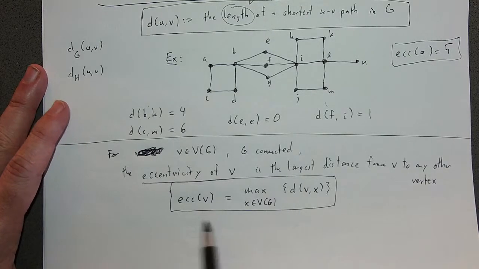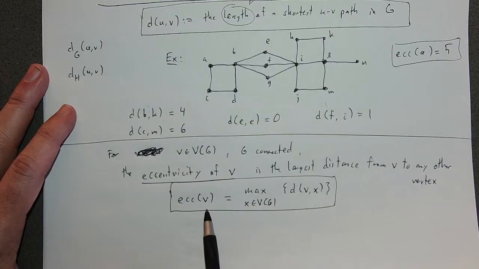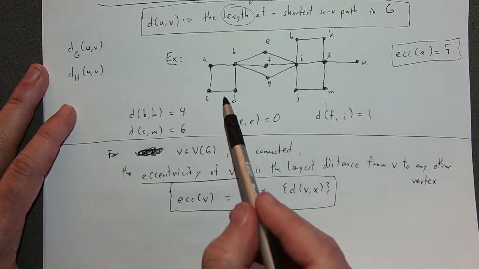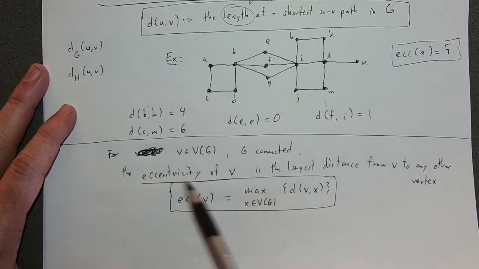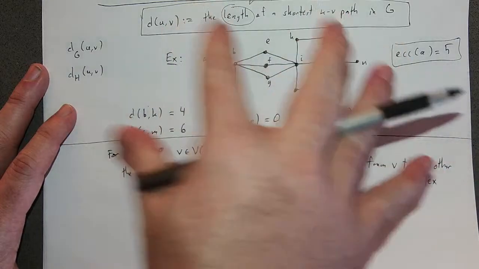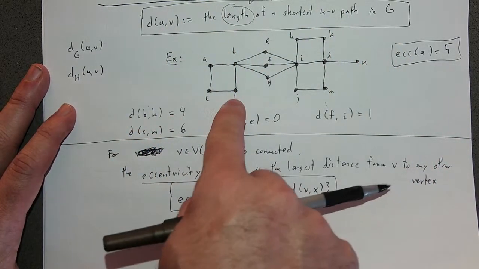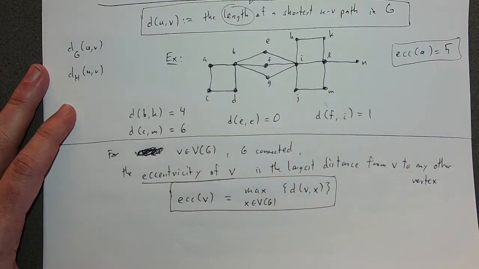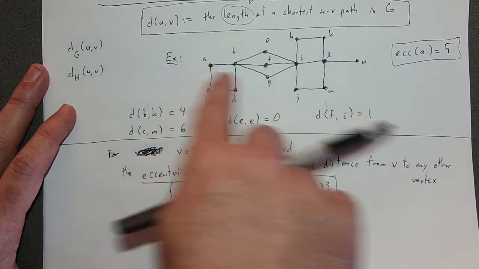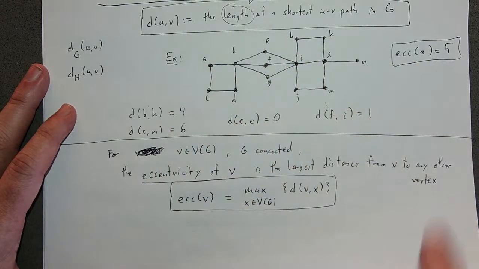We are going to use that to label different properties that an entire graph can have. So this is something that is particular to a vertex, right? I could choose other vertices where the eccentricity is going to be different.